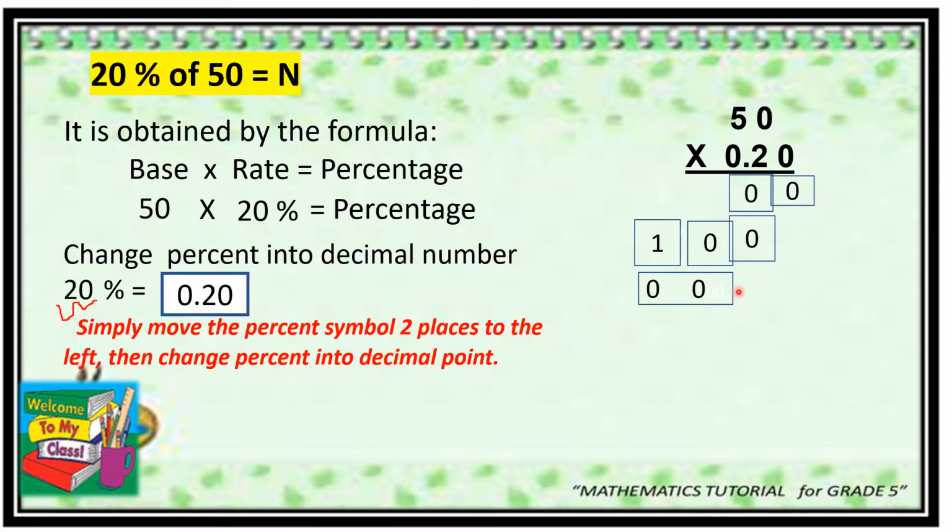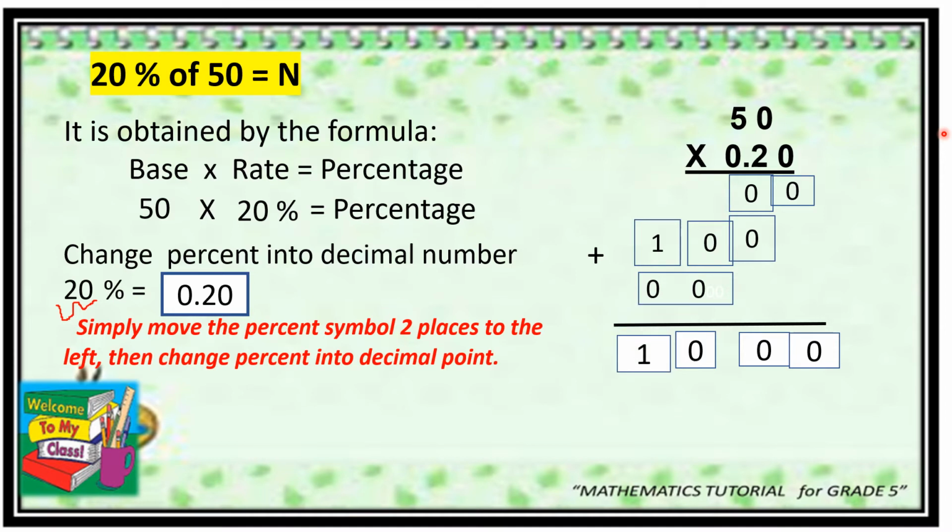Okay, next, you will add the partial product. Okay, so ang gagawin ninyo, bring down nyo lang po yung tatlong hanay na 0. Bring down 0, bring down 0, and bring down the last 0. Then 1 plus 0 equals 1.